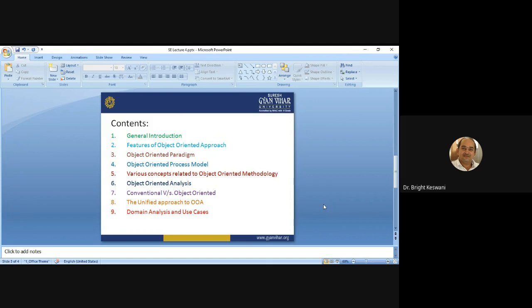If you decouple the modules, you can reduce the complexity of your software. Coupling is essential, it is required, and the object-oriented approach provides you this facility to decouple or minimize the coupling level.